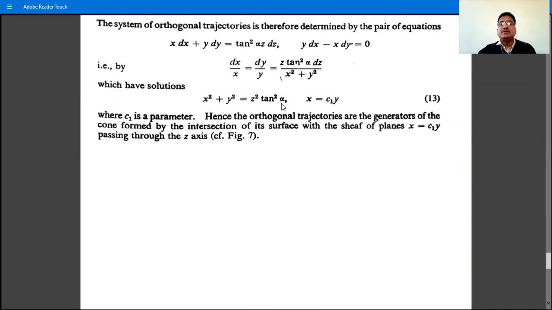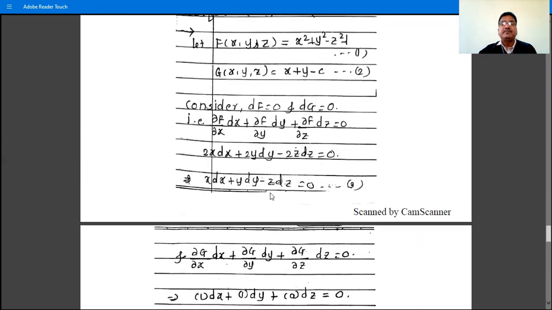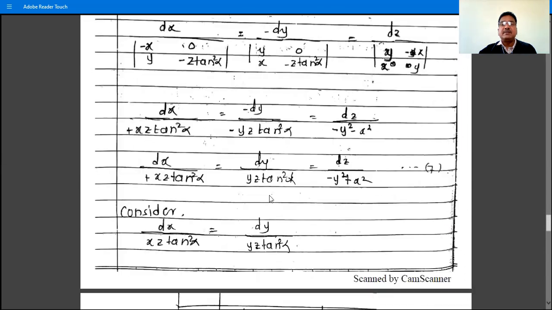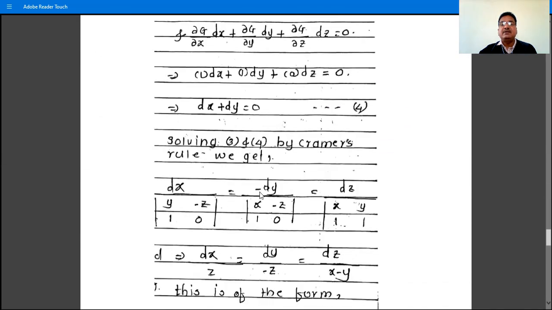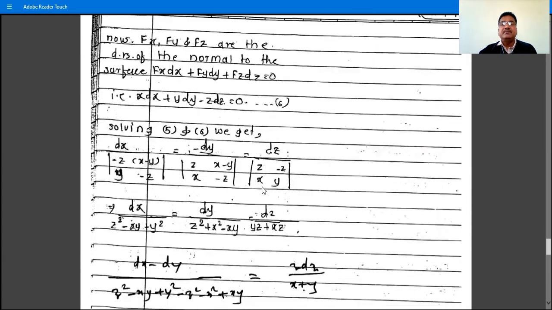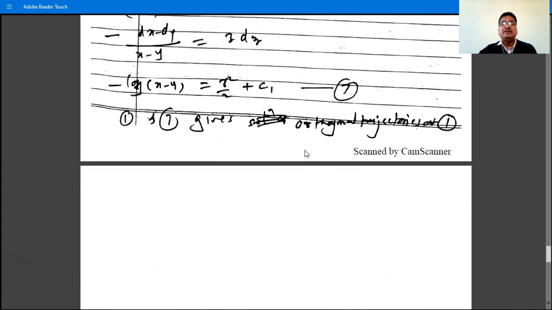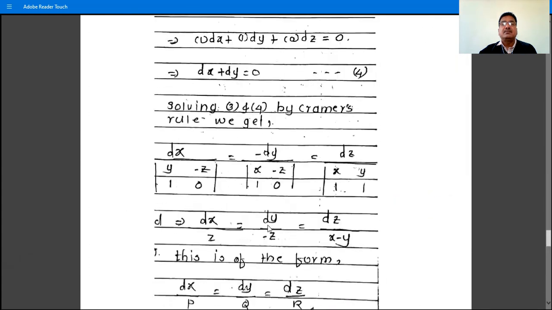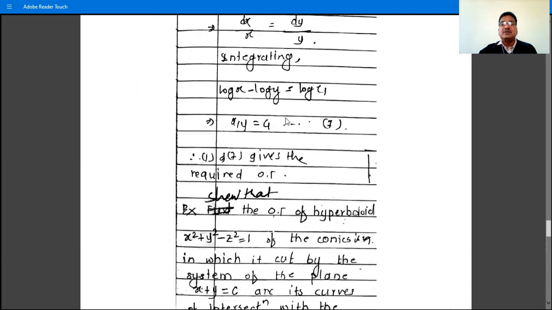X square plus y square is equal to z square tan square alpha is 1. We have the answer x is equal to c1 y, or x by y is equal to c1. Similar to this example, we have equation number 7 as x by y is equal to c1.